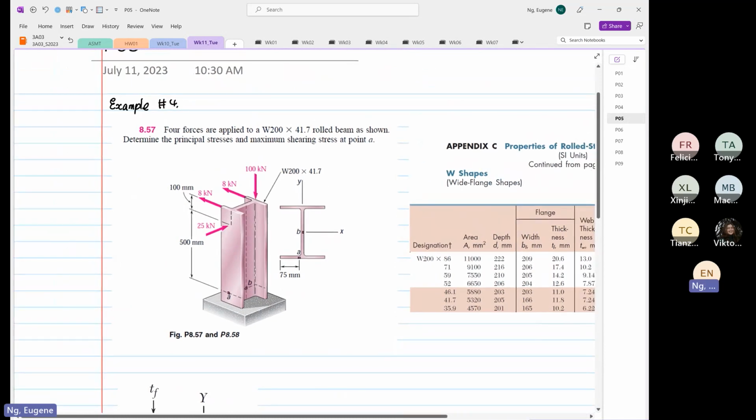Given to us, 4 forces are applied to a W200 times 41.6 rolled beam as shown.